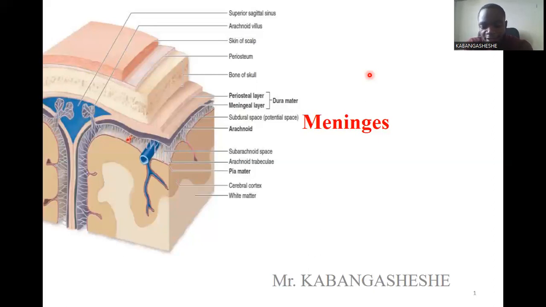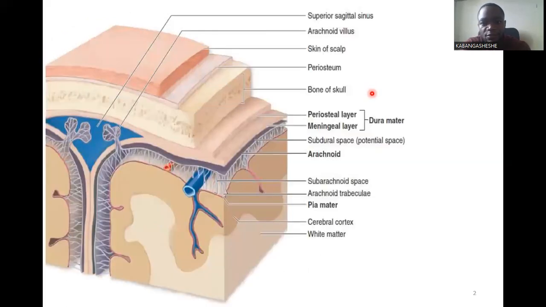So meninges, these are protective coverings that we find in the central nervous system. Their major function is to support and, at the same time, protect the central nervous system. By this time, we know that the central nervous system is the brain and the spinal cord.